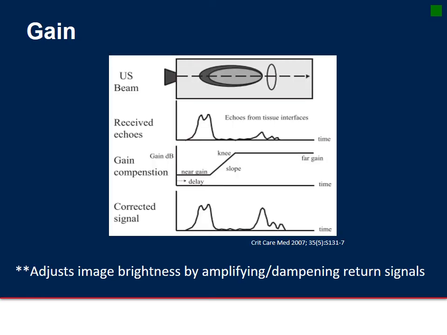The next concept we'll talk about is gain, and the most important thing about gain is that it adjusts the image brightness by either amplifying or dampening the return ultrasound signal. So for example, if we look at our ultrasound beam that's going through different tissues, here the difference in impedance is much higher right here, so our signal is much stronger.